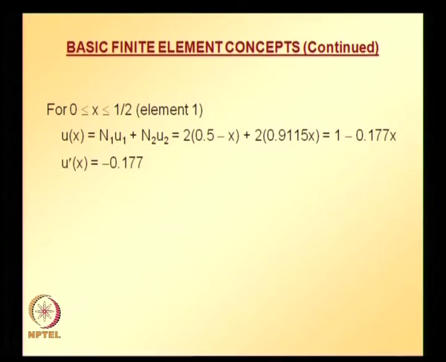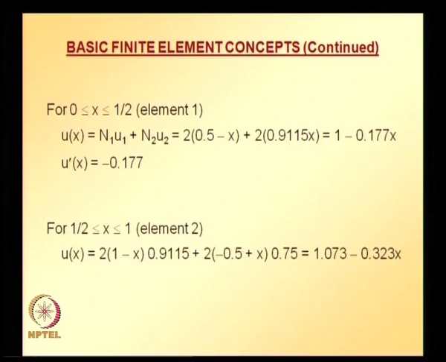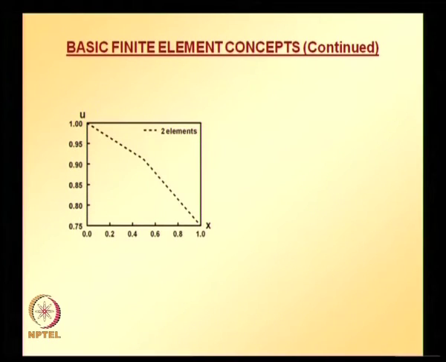And similarly, go back to element 2, substitute the nodal values of u2 and u3, you get the approximate solution and take the derivative of it, you get this. And now we have the approximate solution in element 1 and its derivative, and the approximate solution in element 2 and its derivative. So, now we are ready to plot.